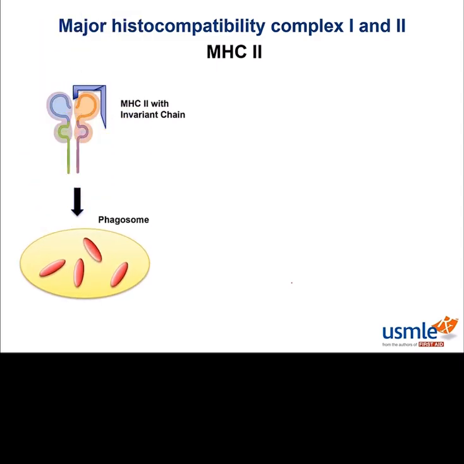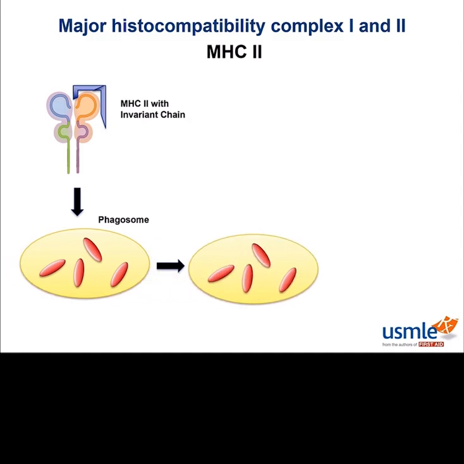Well, in this particular cell, we have a phagosome, which has already ingested some foreign object and has broken it down into peptides. Within this phagosome, there is a large amount of lysosomal enzymes at work in order to degrade the foreign substance. And this leads to a lowered pH within the phagosome.